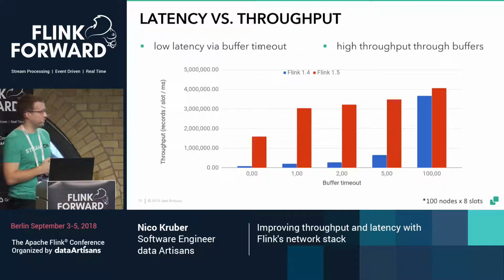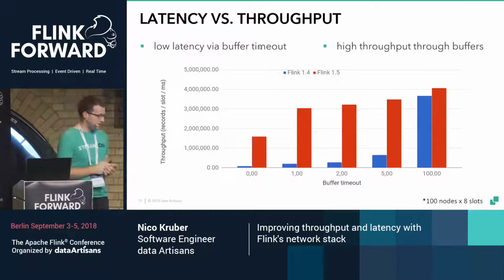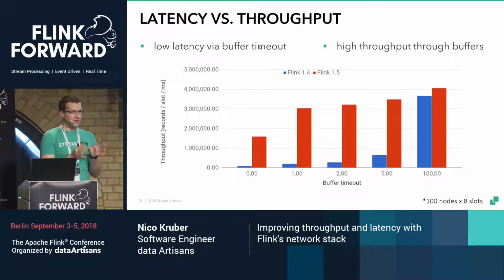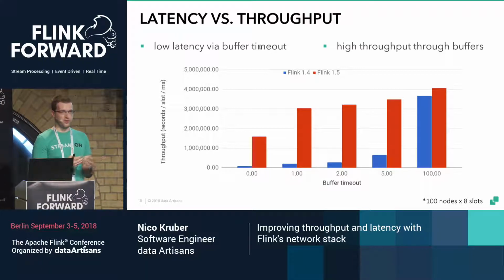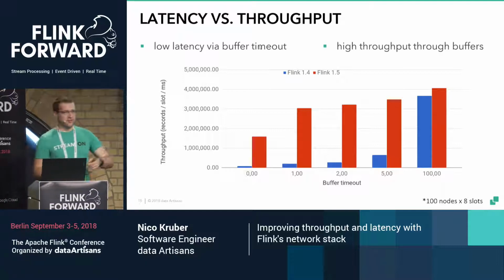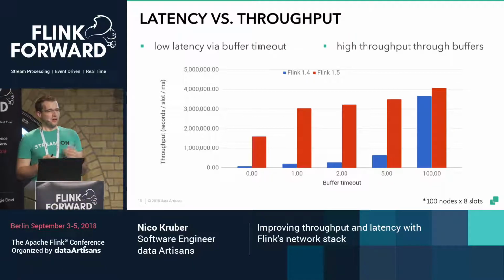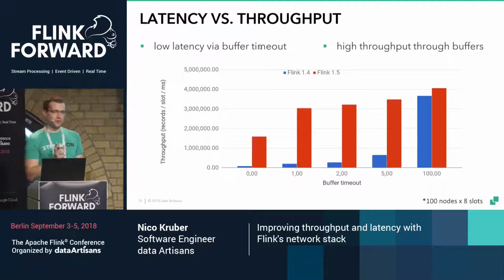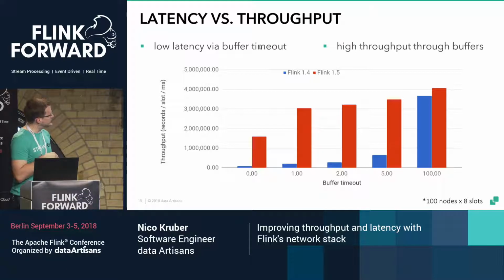Let's have a look at some throughput. So this buffer timeout is actually a trade-off. We did introduce those buffers in the first place to not call into the network stack for every record. Imagine you only send longs around, or maybe integers, then having a system call for every 4 bytes, that's far too much. So you will reduce throughput immensely. So we do put those into buffers and then flush them, but you can flush them immediately.